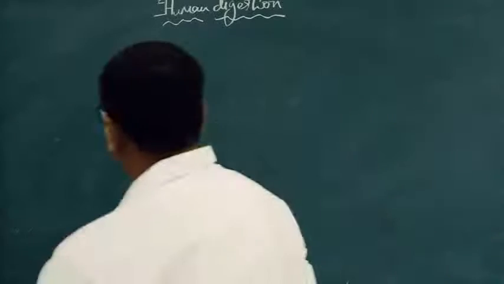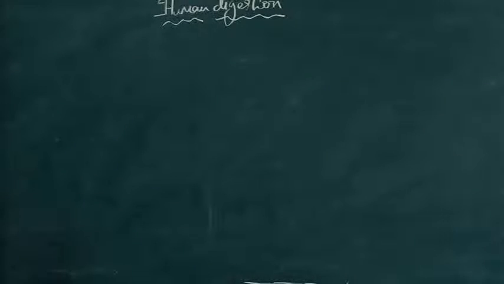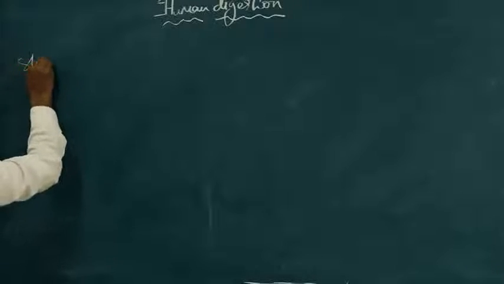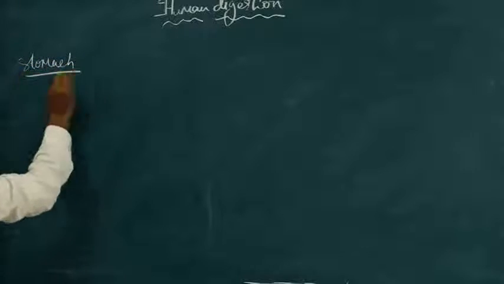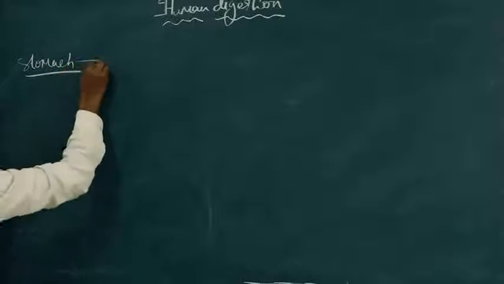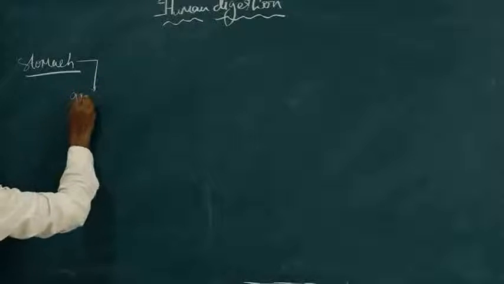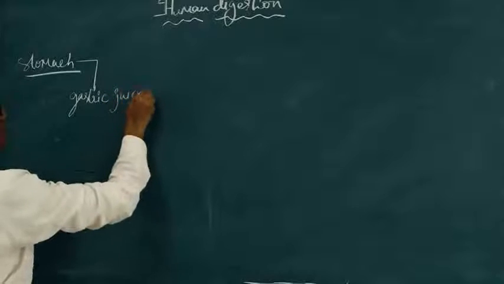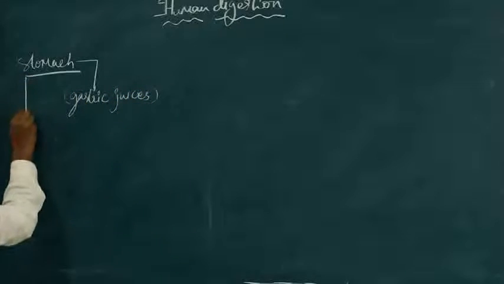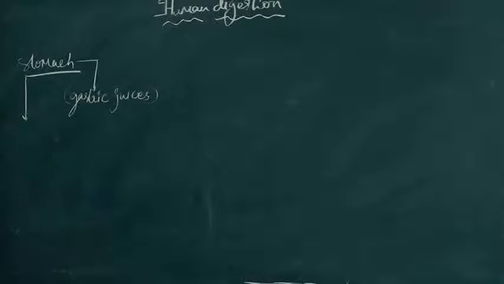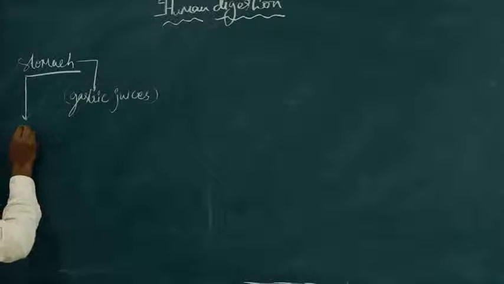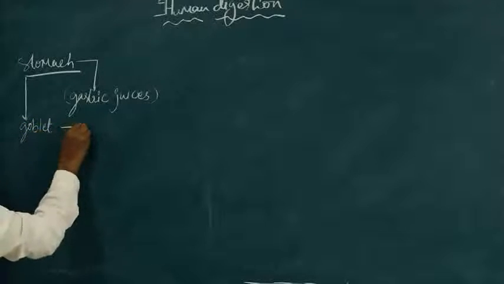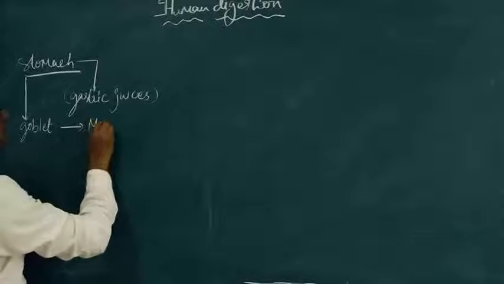So apart from these digestive juices, certain glands are present in the stomach. The juices from the stomach are called gastric juices. These gastric juices consist of three components. One is goblet cells. These goblet cells produce mucus.